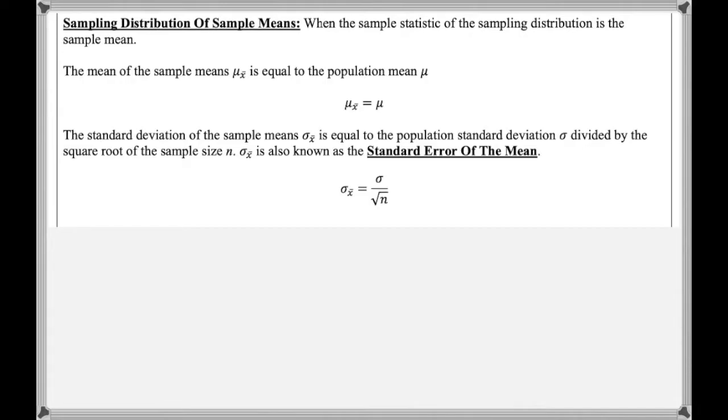The standard deviation of sample means, which is represented by sigma x bar, is equal to the population standard deviation, sigma, divided by the square root of the sample size, n. And sigma x bar is also known as the standard error of the mean.